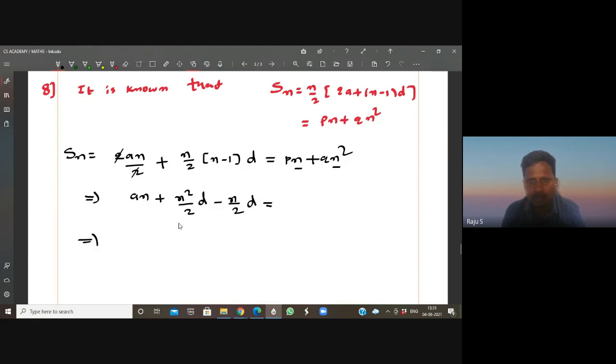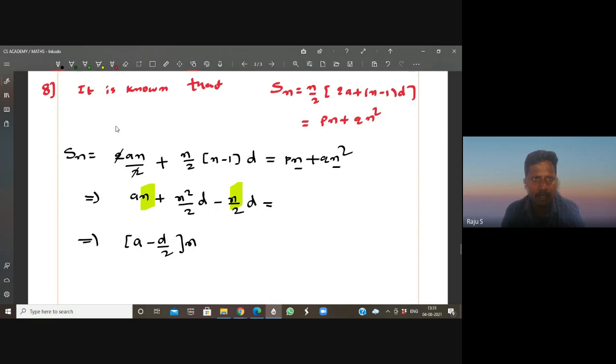So which implies here, write the n terms at one place. When I take n common, I can write a minus d by 2 of n. When I take n common here, n is here, n is here.